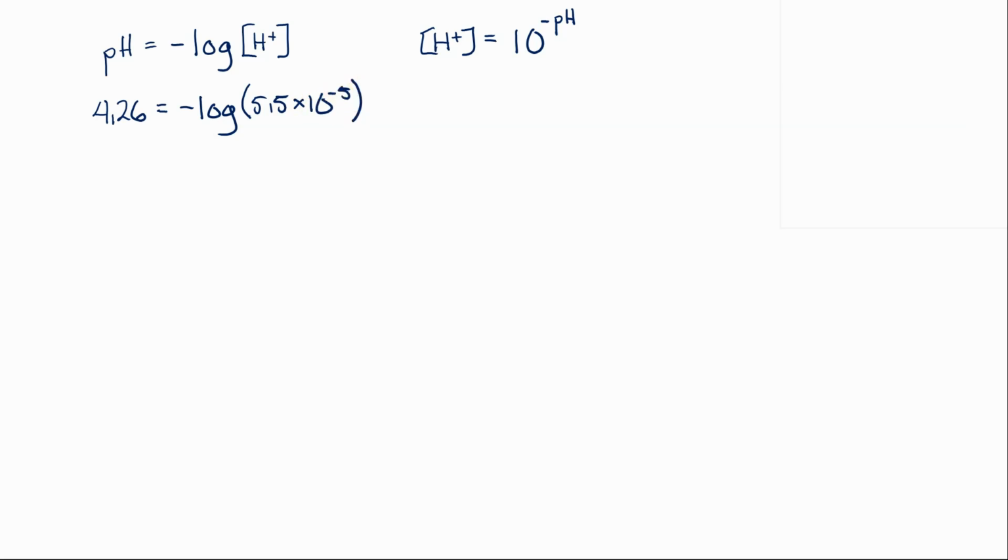The proper number of significant figures, and I'm going to go ahead and change some colors on you, is 2 digits after the decimal point in the pH. Oh, geez, what did I say? 2.6.